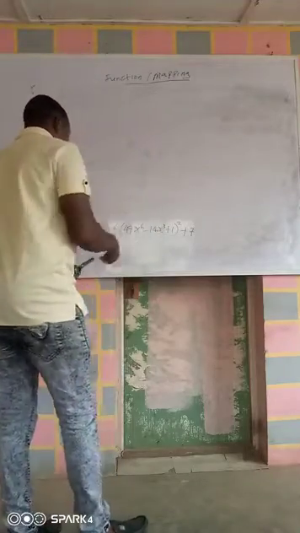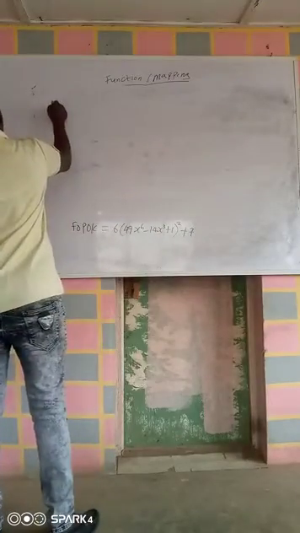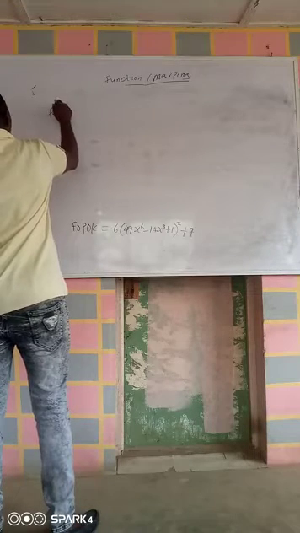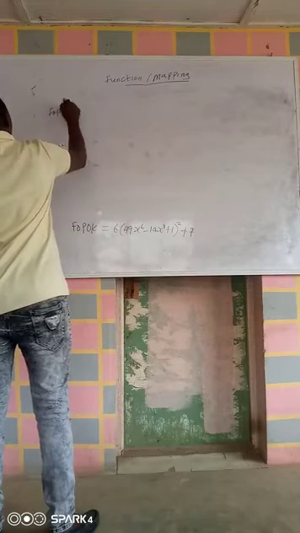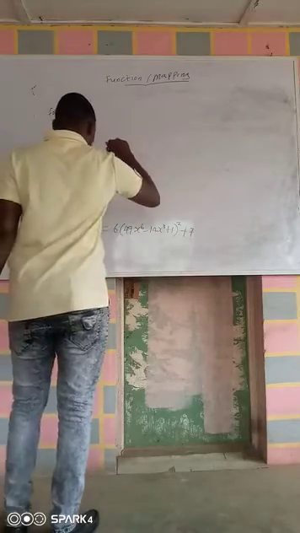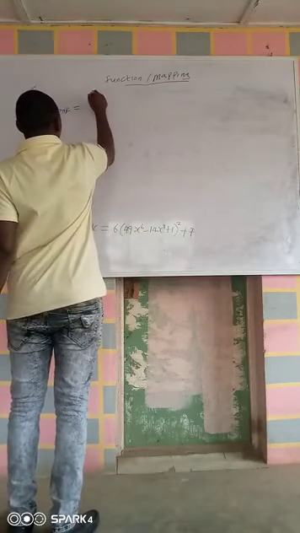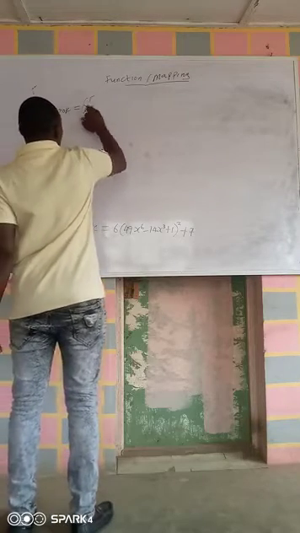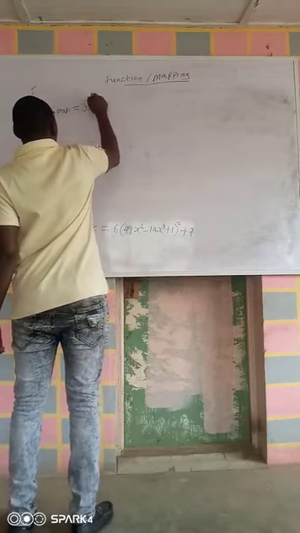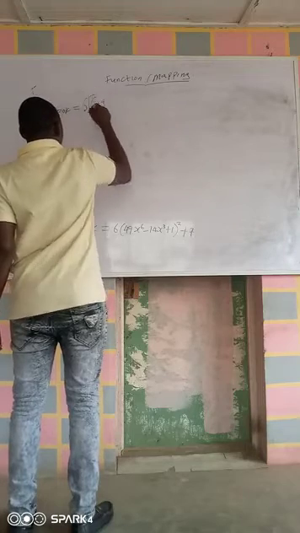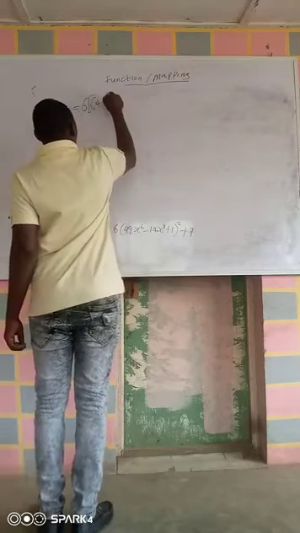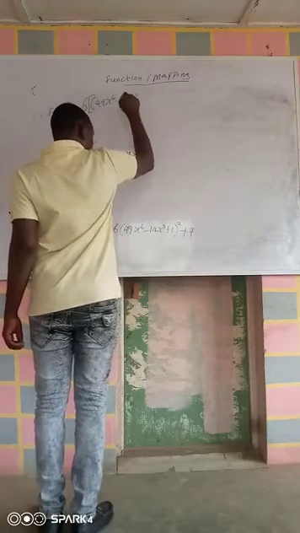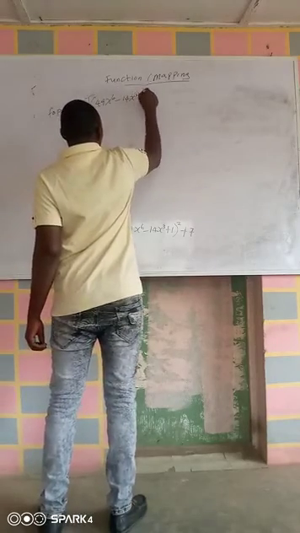Okay, before then, let's open the bracket. p o k will give us 49s raised to 6 minus 14s cubed plus 1.